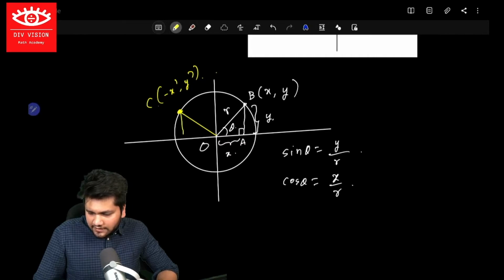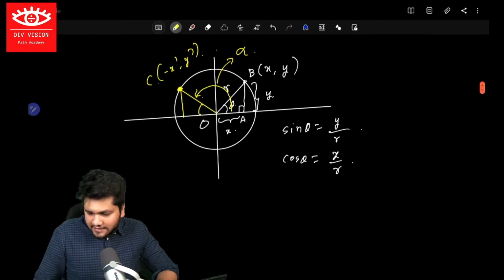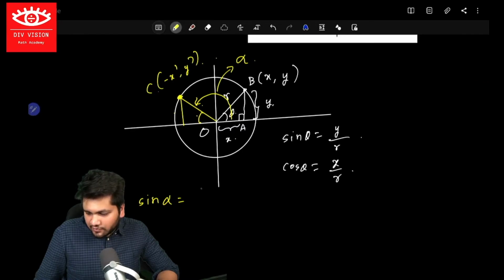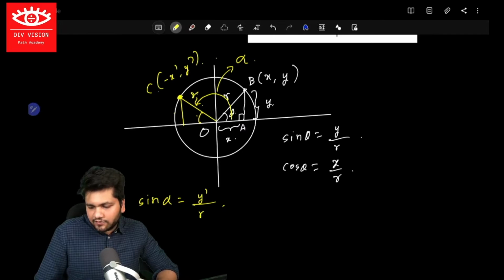Now, according to this, if this is the angle we are actually asking about, let's say angle alpha. So basically, this time your sine alpha is going to be what? Sine alpha is going to be opposite upon hypotenuse. That's why opposite is going to be y dash upon r, because the radius is same of the circle.